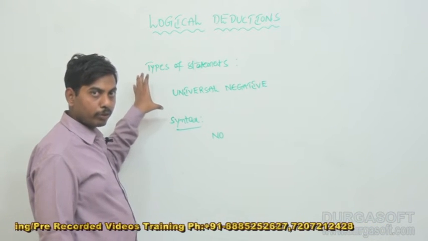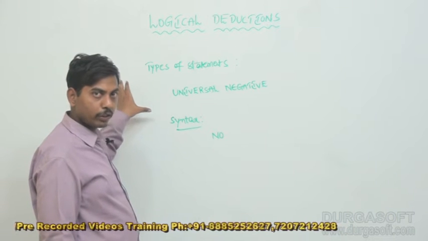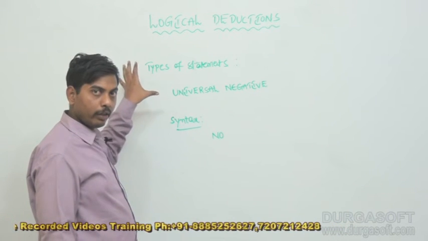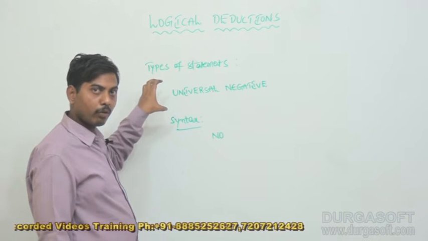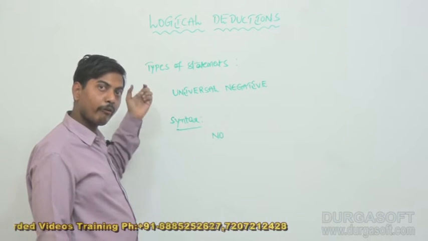We have already seen that universal positive, that is universal affirmative, consists of statements starting with the word "all" or "every".